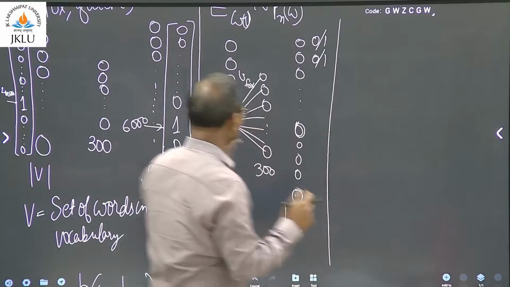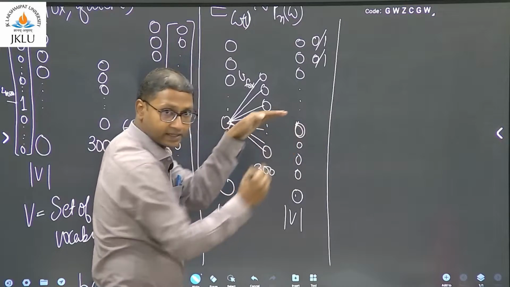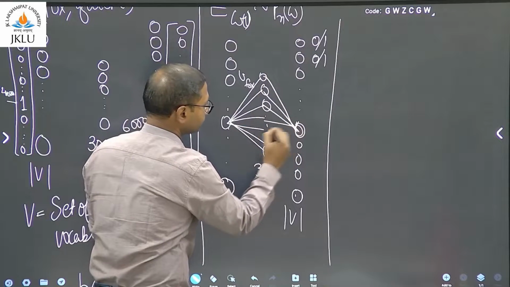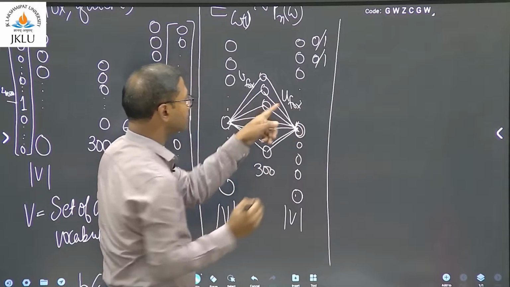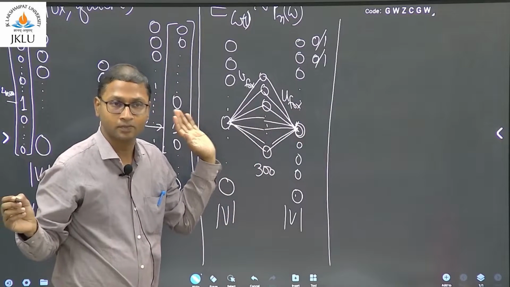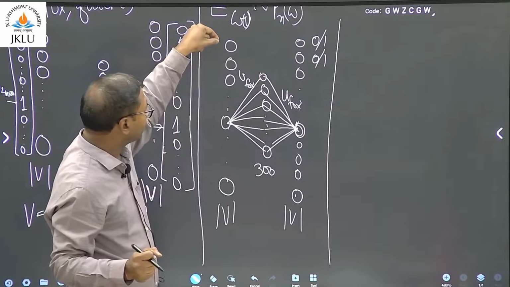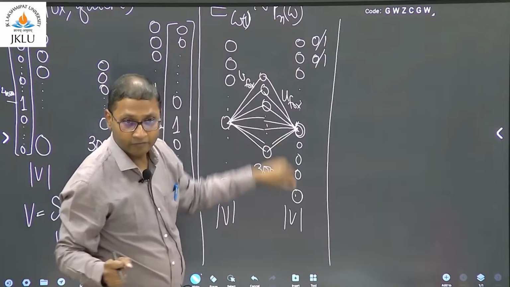Now, do you agree that if this is fox, at the exact same number, there will be a u fox, right? And these two will be potentially different. But there will be a v for every word, and a u for every word.